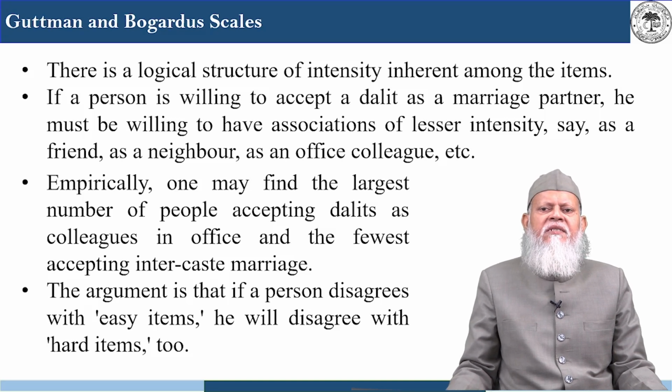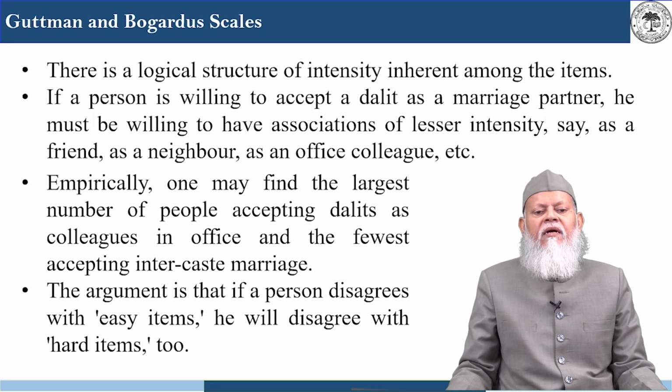There is a logical structure of intensity inherent among the items. If a person is willing to accept a Dalit as a marriage partner, it means he must be willing to have associations of lesser intensity, say as a friend, as a neighbor, as an office colleague.